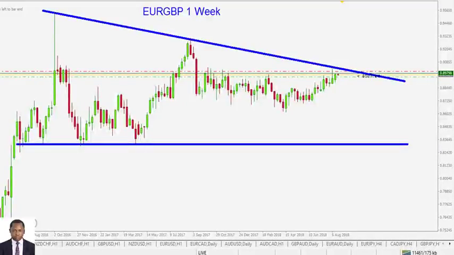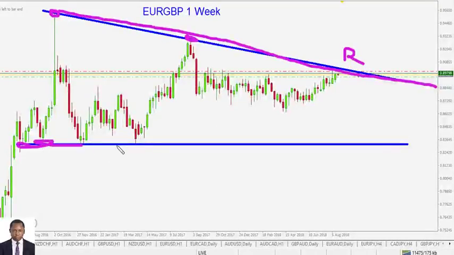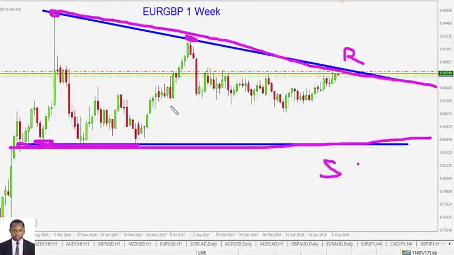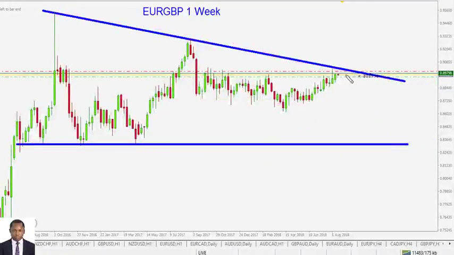At least as per my broker, price was sideways and has gone back to retest the resistance zone, with that level there being the upper level of resistance, and this one here being the lower level of support right here. This is also another area of support, but for now price is trading around the resistance zone.